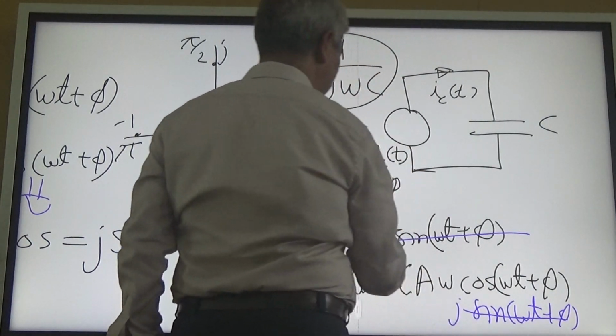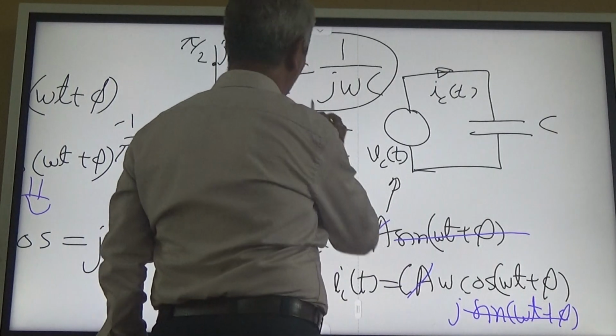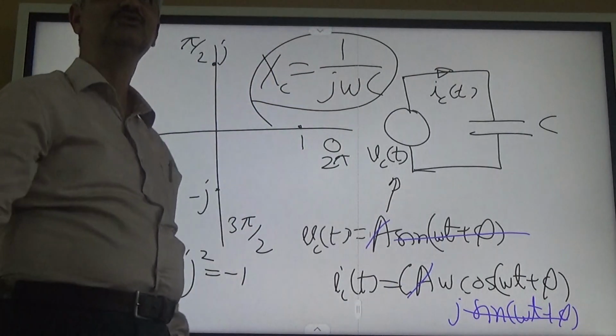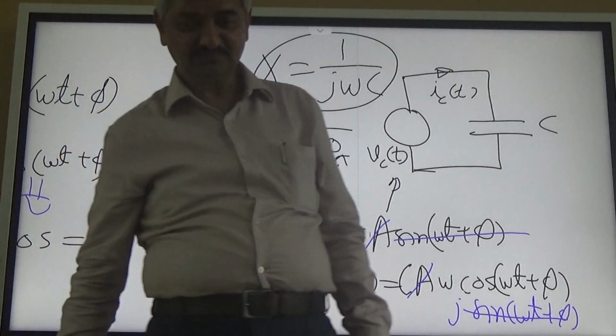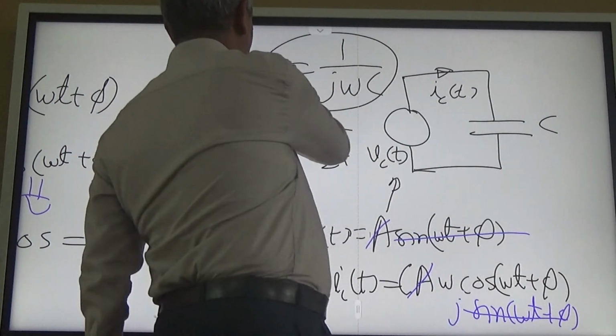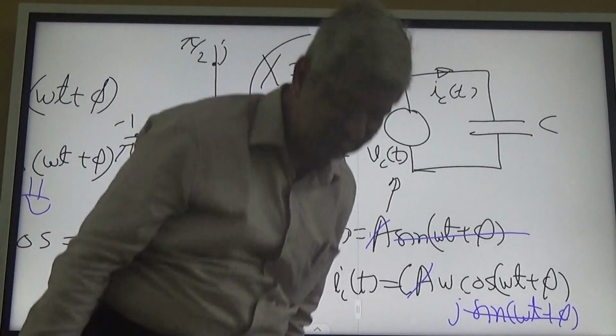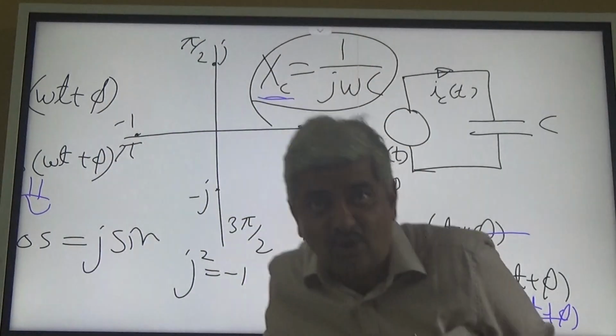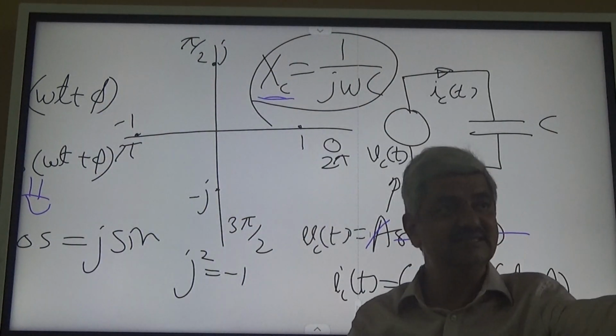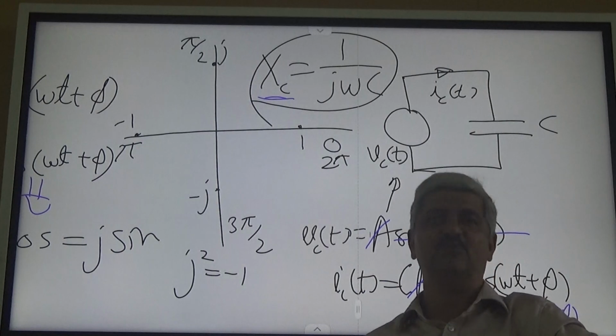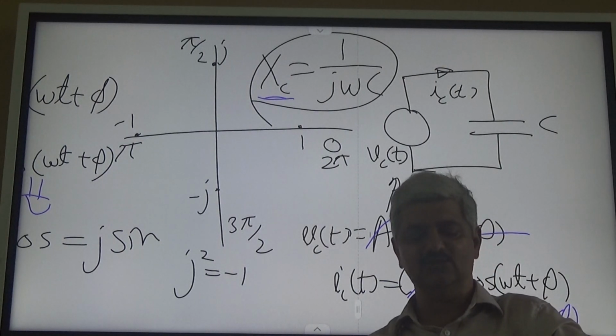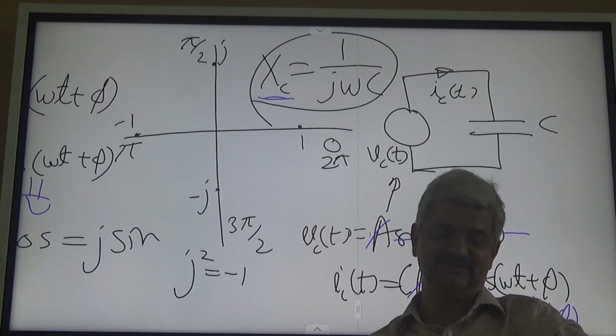What remains is 1 upon j omega c, right? So this is called xc, the resistance-like parameter for capacitor. xc is equal to 1 upon j omega c.